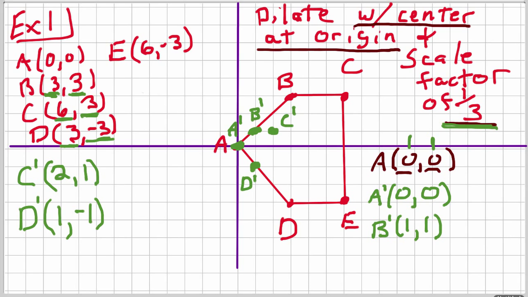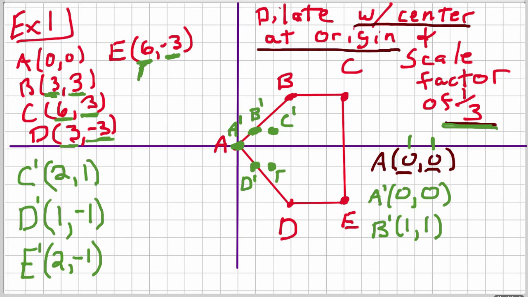All right. And E prime, I'm getting really sloppy with this thing. I'm going to take my x coordinate, 6, times 1/3, that gives me 2. Do the same thing with my y coordinate. -3 times 1/3 is -1. And I have my fifth point.